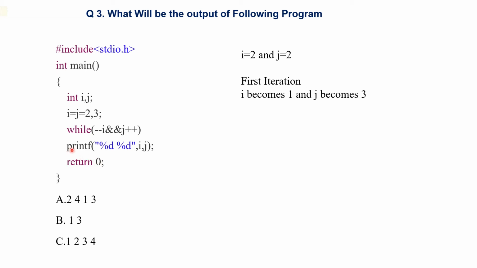So hence this looping statement will be executed for one time only. So hence the correct option for this is option B. So hence the output here is 1, 3 only.